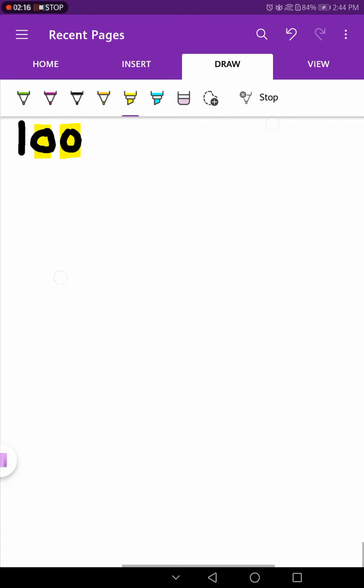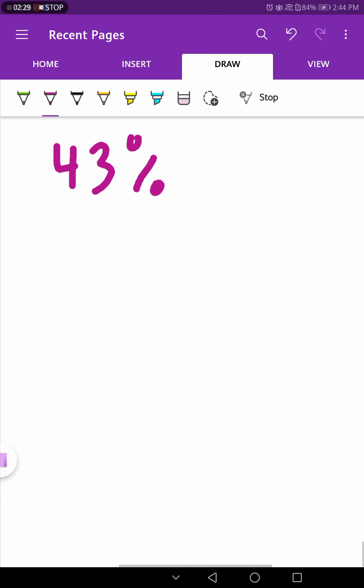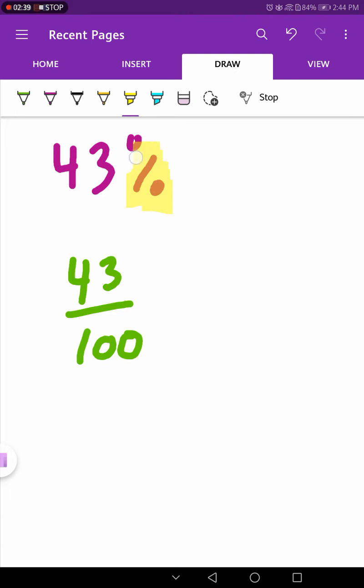Now let us take more examples. 43%. How can we write it as a decimal and fraction? As we learned, it is 43 over 100, and stop asking why over 100, because we have the percent.